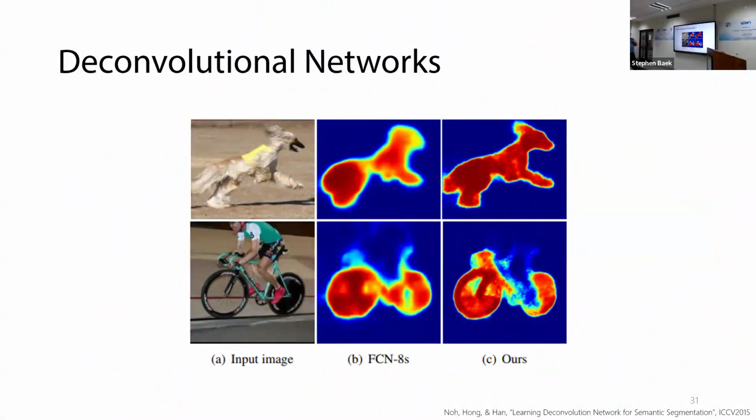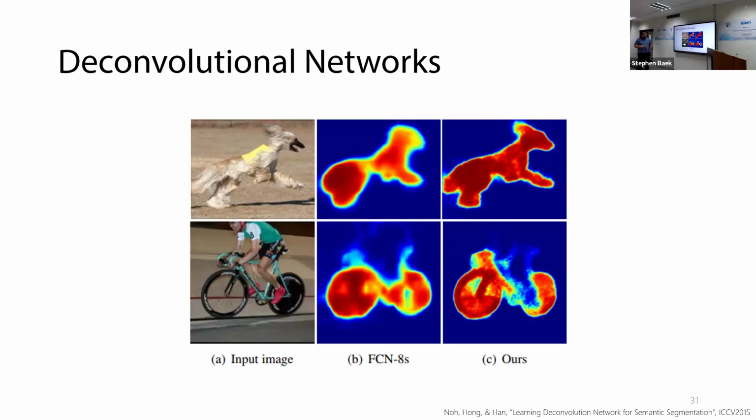There's some other examples. So here, again, using the deconvolutional neural network, we have a probability map showing which pixel belongs to a puppy and which pixel belongs to the background. Same thing, here's a bicyclist, and then we're interested in the bicycle itself, not the human.